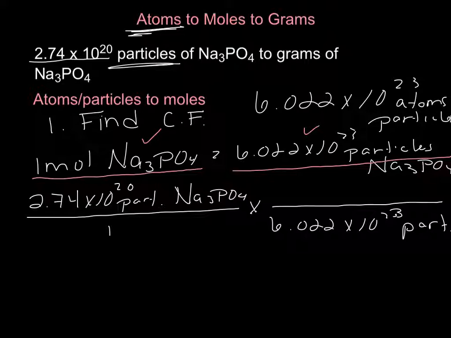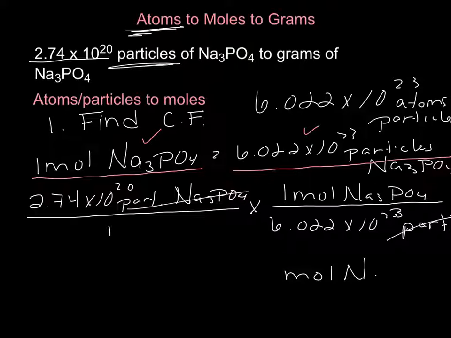Okay, and I know that 1 mole of Na3PO4 goes on top, because if I use this one on bottom, then this one has to go on top. So what happens to my particles? Well, my particles cancel. If my particles cancel, what's the only unit left? The only unit left that didn't get canceled out was the moles, so I'm going to carry that one over: moles of Na3PO4.